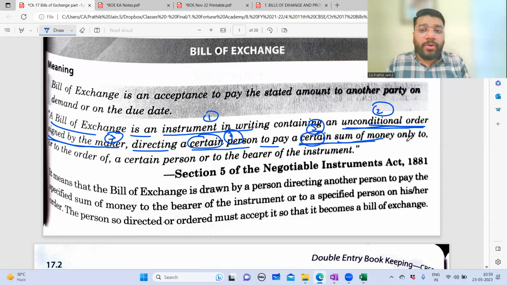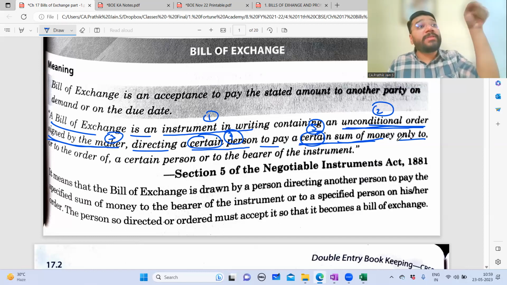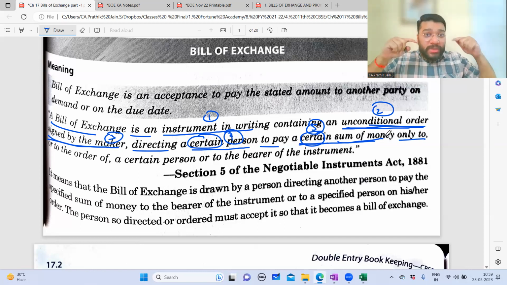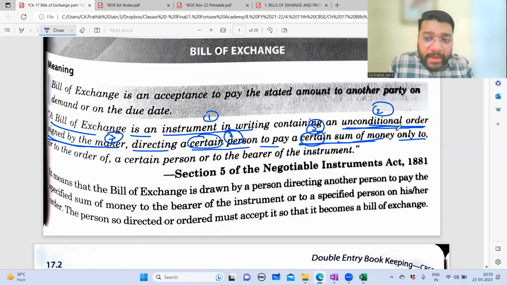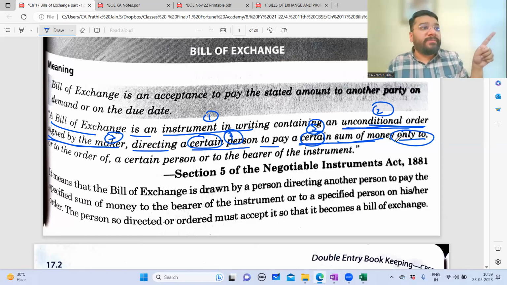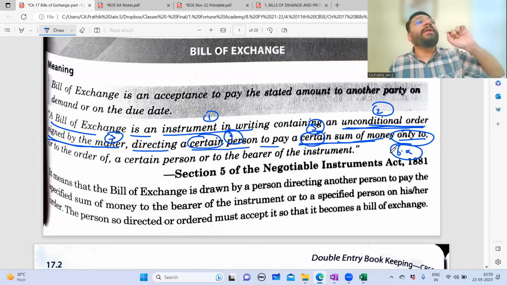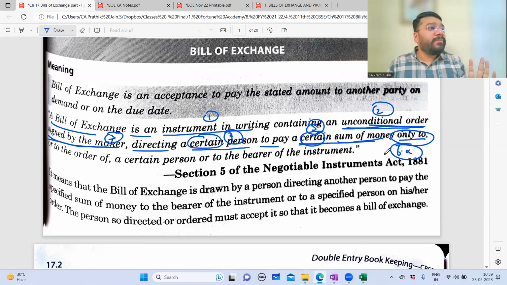Sixth point: only to. Now, to whom is this money to be paid? The receiver's name also has to be there, the person who is going to receive the money. So there are 3 options. This is 6A: only to a specific person. In the document, you'll mention that, okay, this certain sum of money, I'll pay only to Mr. X. Now, in all businesses, the person who is going to receive the money cannot always be the same.